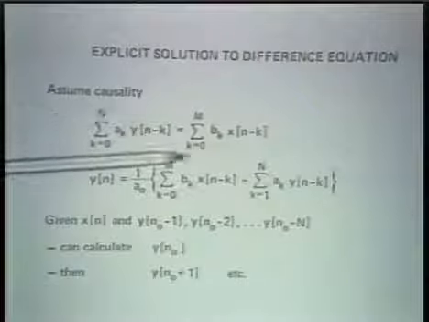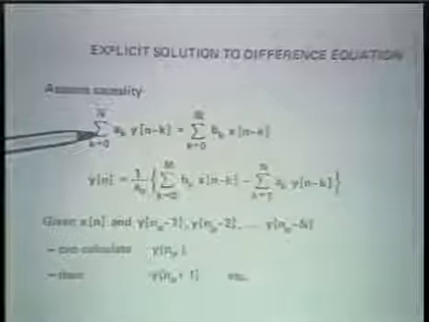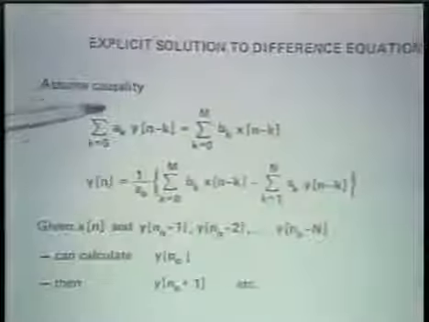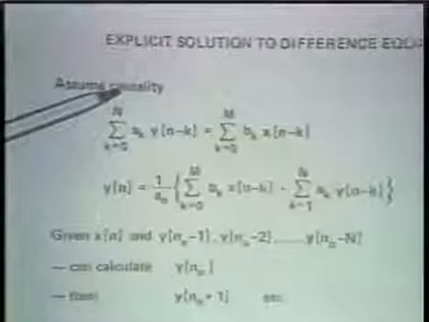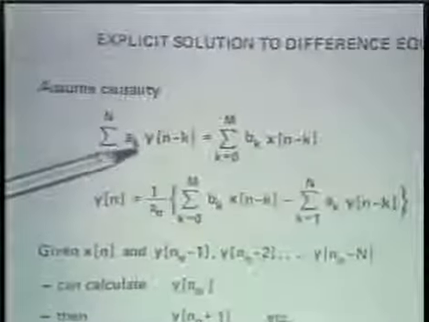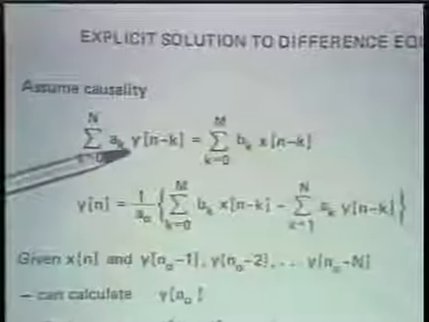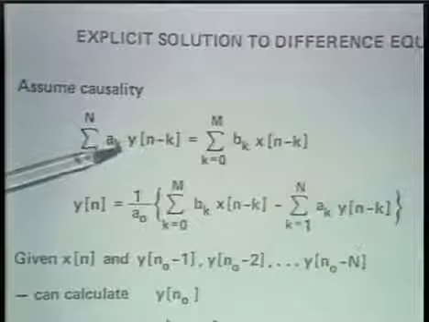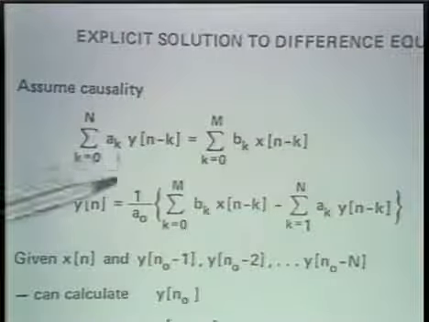Let's consider the nth order difference equation as I've indicated here, and let's assume that we're imposing causality so that the output can only depend on prior values of the input and therefore on prior values of the output.